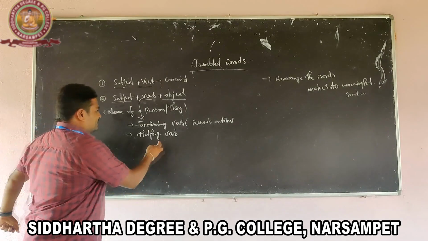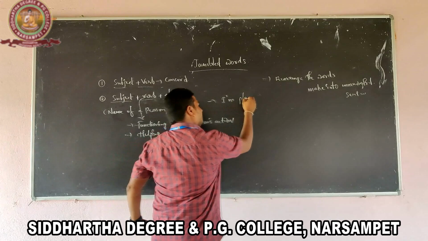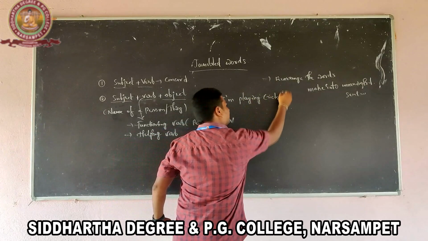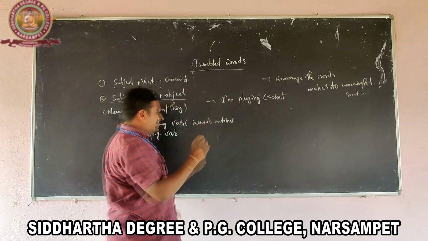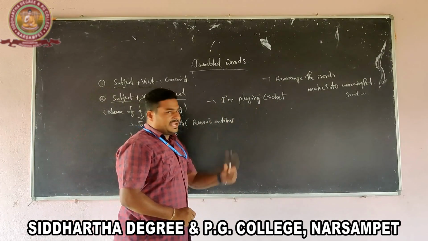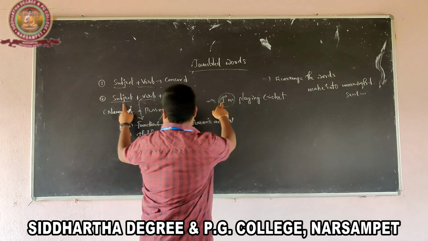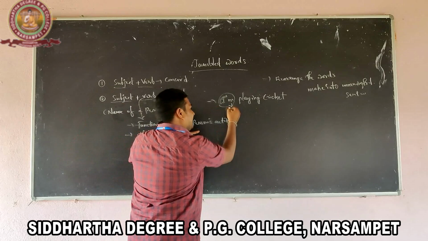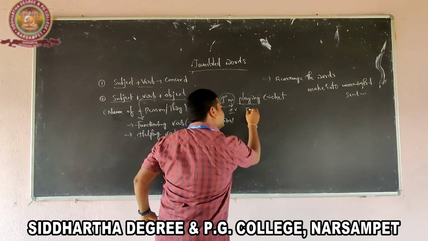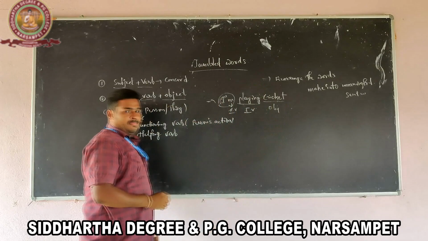This is a small example for the identification of a functioning verb. I am playing cricket here. I is the subject, am is the helping verb, playing is the functioning verb, and cricket is the object.